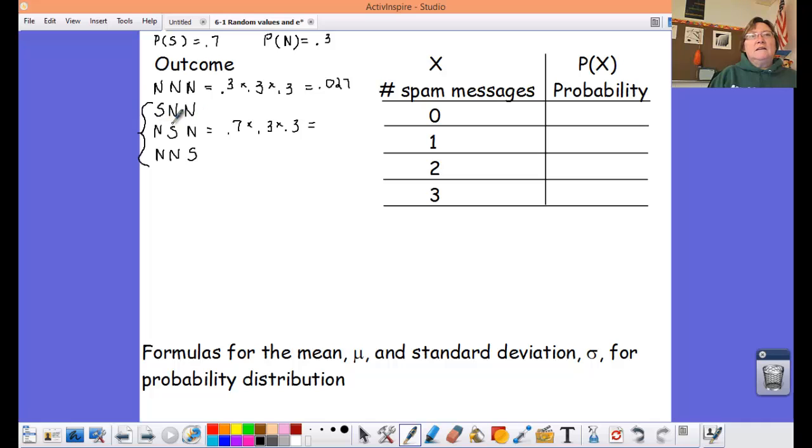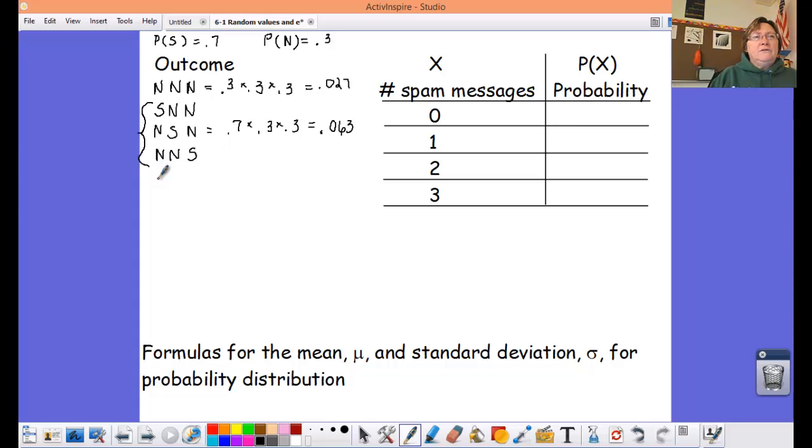We're looking at all the possibilities about where that spam message could be located in our 3. That is 0.063, and we're going to need that 3 times. So when we get over here building our probabilities in the table, we're going to multiply that by 3.